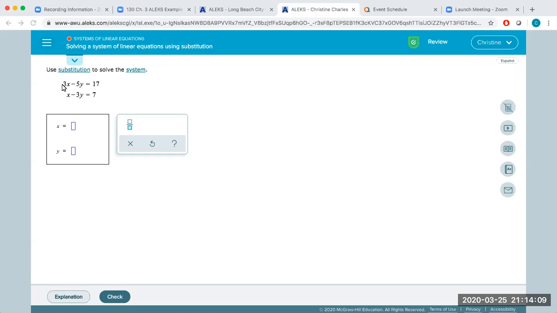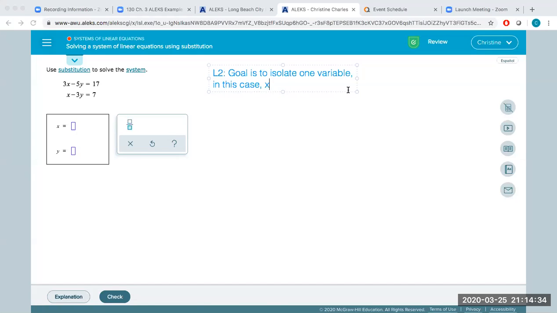So that's not the easiest. Instead, what we want to do is go with line 2 here. Okay, let me add some text. So line 2, the goal is to isolate one variable. And the easiest one is x.